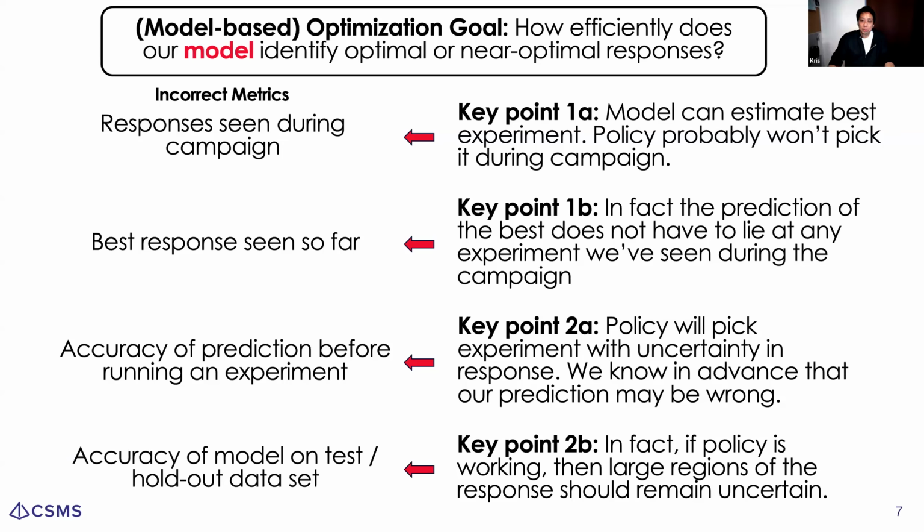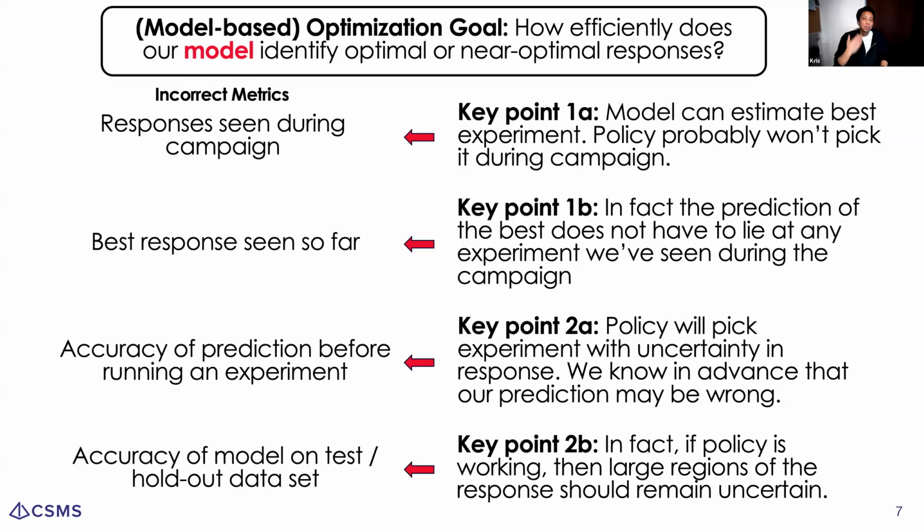And then by the end, we're always going to have large regions of uncertainty. Our model is not globally accurate. So testing the effectiveness of your model on a holdout or test data set is not that important, because if your Bayesian optimization is working, then you don't have a globally accurate model. We ignore regions where there's a low chance of being successful.